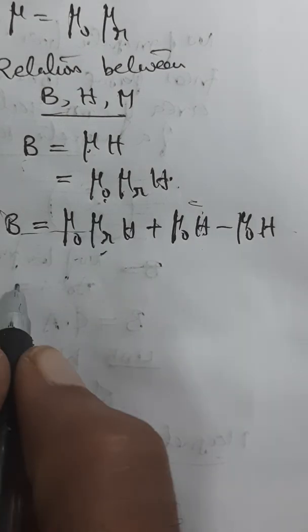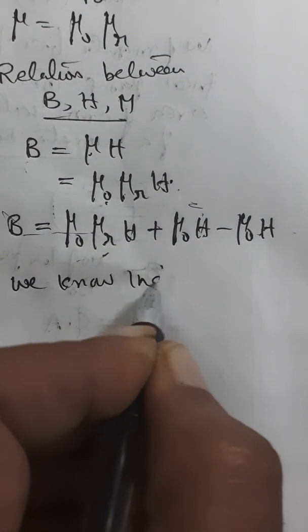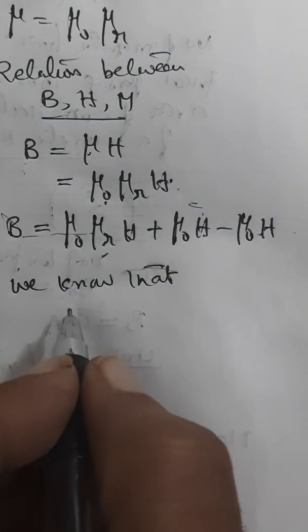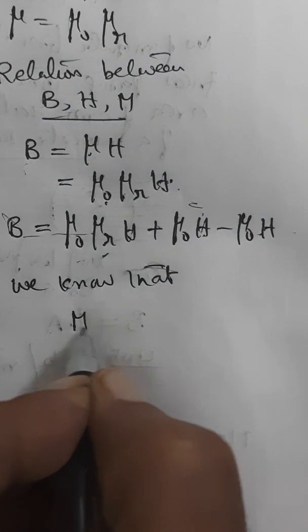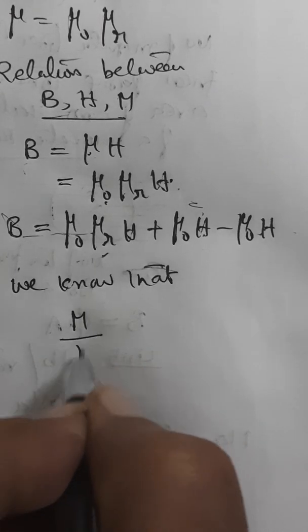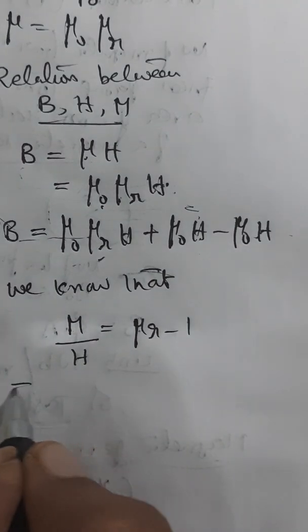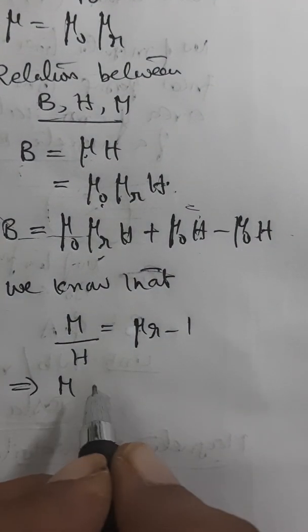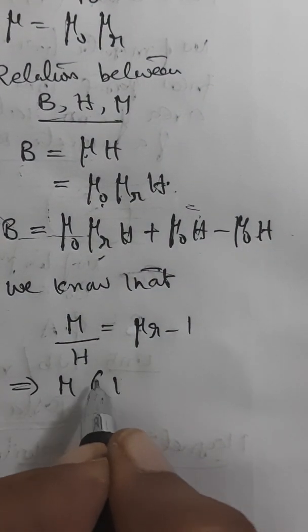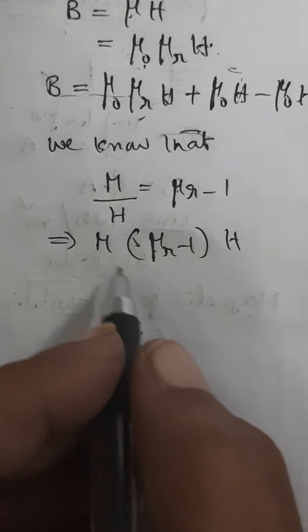Why we have written it like this is, we know that M by H is equal to mu r minus 1. Therefore M is equal to mu r minus 1 into H. Okay.